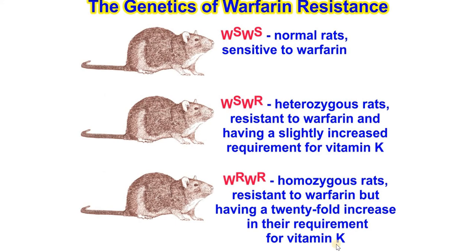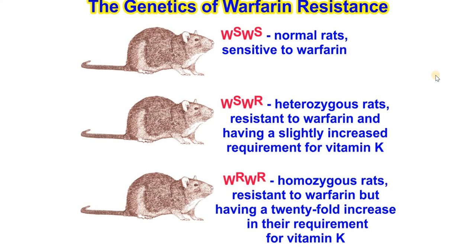So they've got this massive requirement for this vitamin, and they're unlikely to get that through their normal diet. So two situations: if there's no warfarin about, no rat poison, then the rats that are fittest, most likely to survive and reproduce, are the normal rats, as they will outcompete either of the other two rats that need vitamin K.